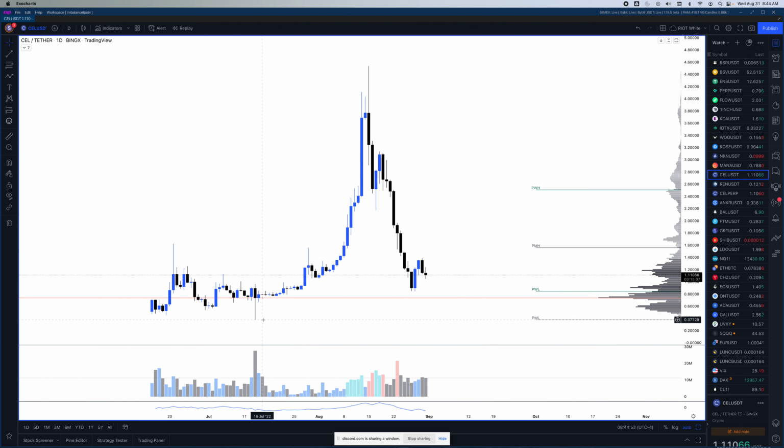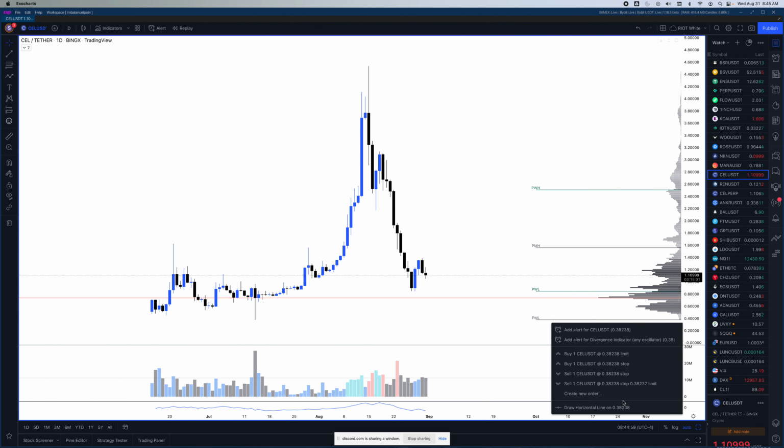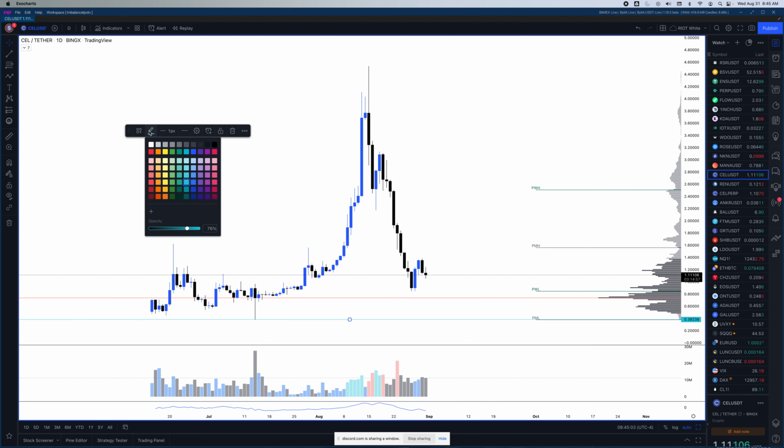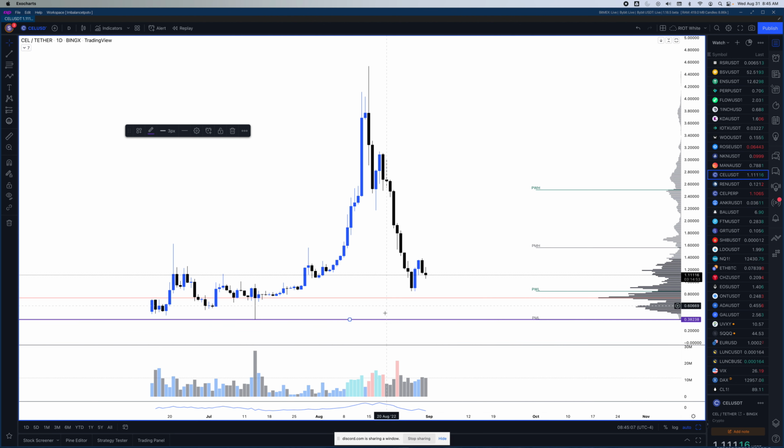So if we were to come down here, take out this wick and bounce, I would want to be long. And this is something that could take days or weeks or months.